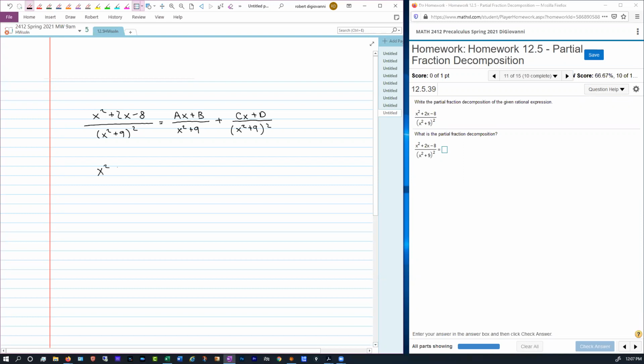I clear the fractions. When I do that, I'm going to be left with the ax plus b. One of the x squared plus 9s goes away when we clear, so we still have an x squared plus 9 there. And on the other one, when you multiply through, the cx plus d is still there and everything else cancels, so we can just leave it like that.